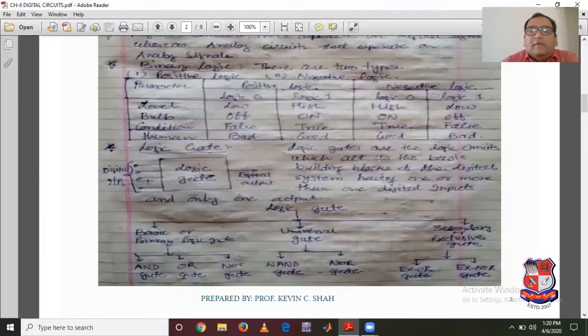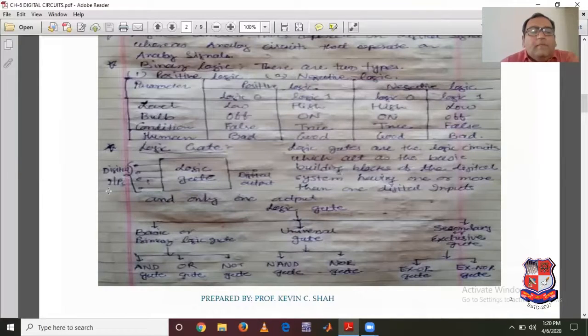Logic gates are logic circuits which act as the basic building blocks of the digital system, having one or more digital inputs. Digital input here means we use a binary input system. As you already know, in the binary system only two levels are available: one is 0 and the other is 1. So binary means 2.